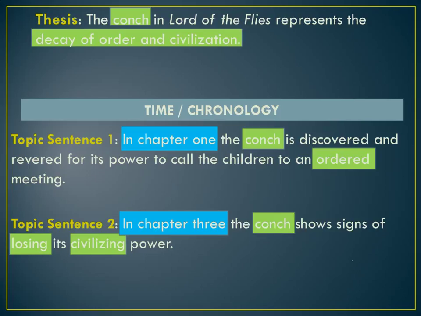So if you look at these model topic sentences here, what you'll notice then is that this blue language here, that's where the writer has signaled their organizational choice. In this case, chronology. They've grouped their examples according to Chapter 1 and according to Chapter 3 of this particular novel, which in this case is Lord of the Flies.